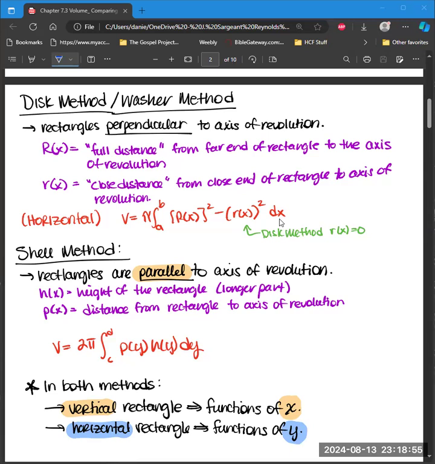If we have a horizontal axis of rotation, we're going to have vertical rectangles.